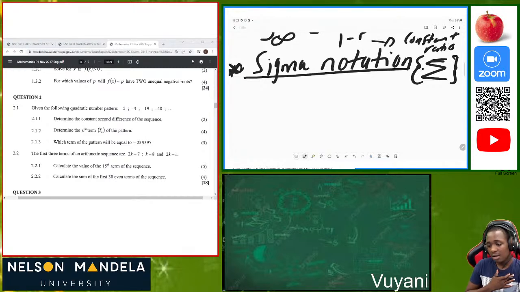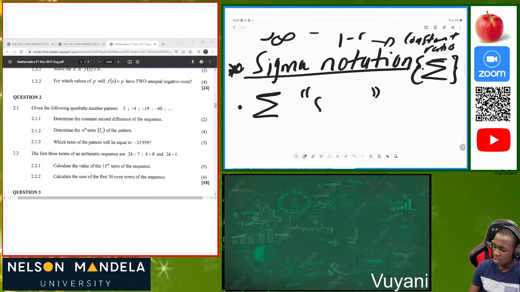Sigma notation is a very useful notation for the sum of a given number of terms of a sequence. This sign is called sigma, and it illustrates that we are summing up a number of terms.